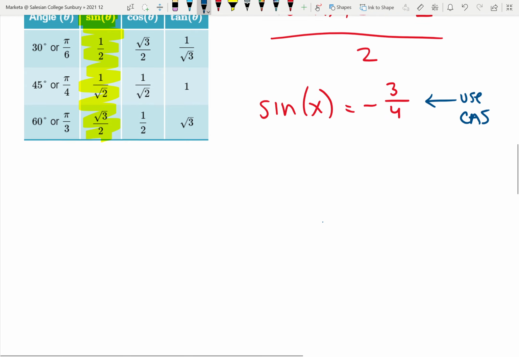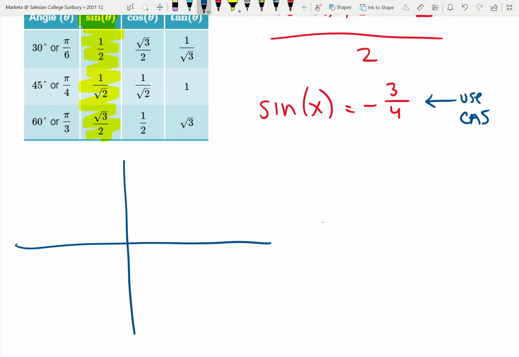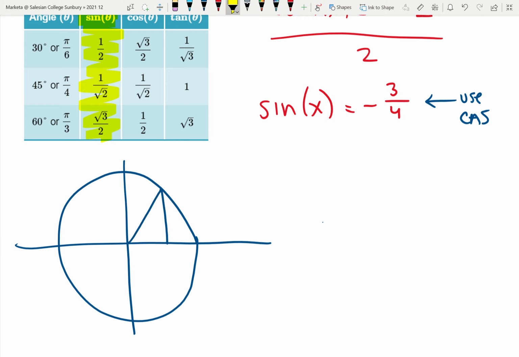So let's draw a picture of what this represents. I'm going to do it in the first quadrant for a start, so I'm going to deal with the positive. The sine value of a triangle in the unit circle is the height of the triangle. This is x, the angle, and this height of the triangle is 3/4. So we want to find out what that angle x is.